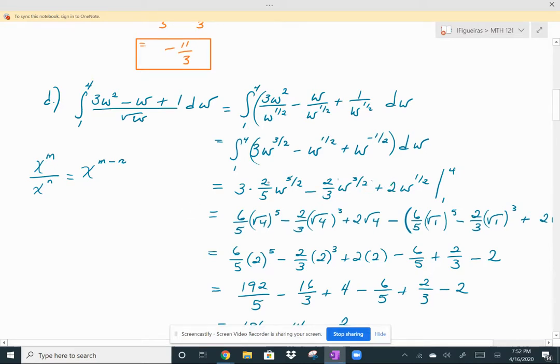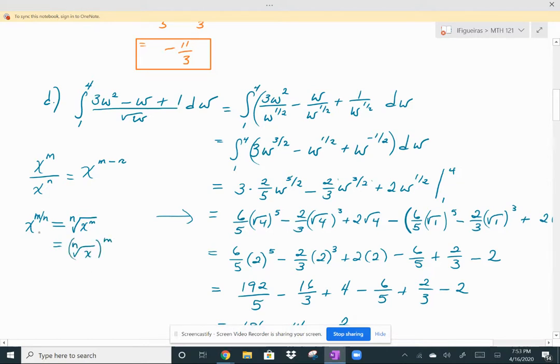multiply the 3 and the 2/5 here to get the 6/5, but we can also plug in our upper and lower limits. So here I have 6/5 times the square root of 4 to the 5th power. Now, how did that become the square root of 4 to the 5th power? Remember that when you have an exponential expression where your exponent is a rational number or a fraction, it can get rewritten as a radical like this, which means the same thing as this.